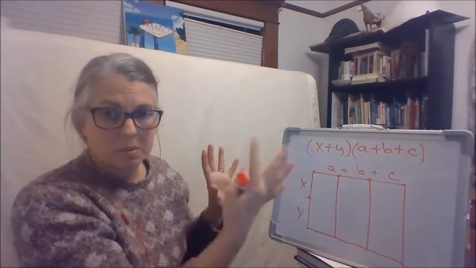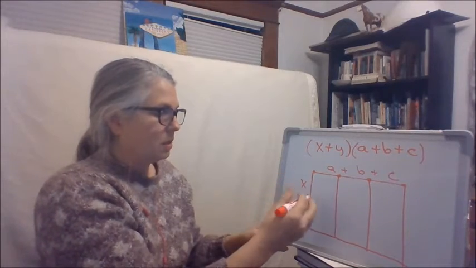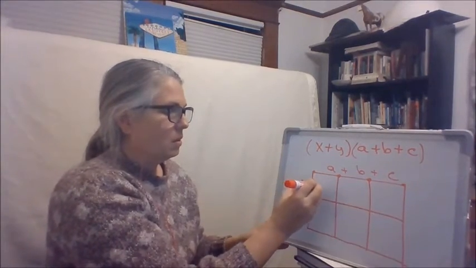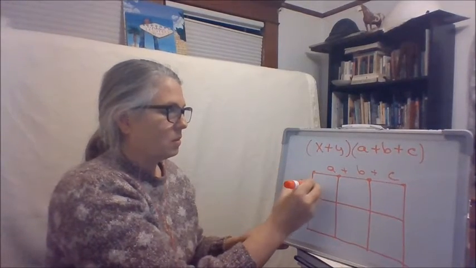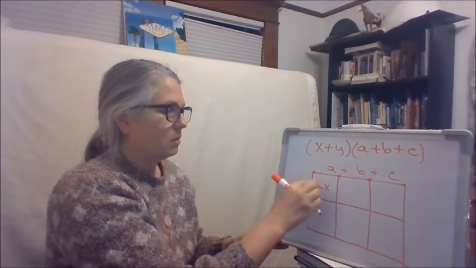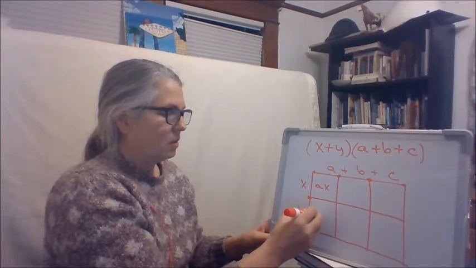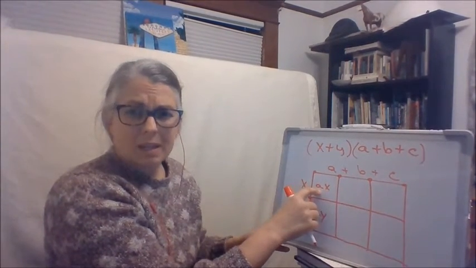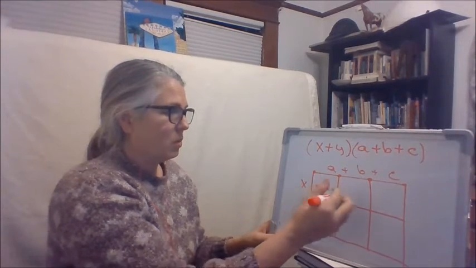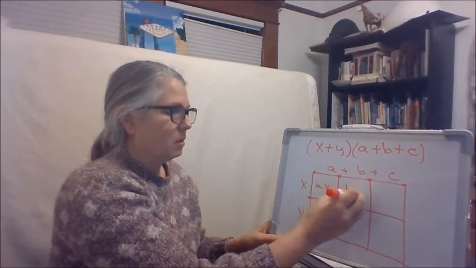So what's this? This length right here is a. This length right here is x. So this little rectangle is a times x. Did I say a plus x? I meant a times x. This is a times y. This is b times x. This is b times y. This is c times x. This is c times y.